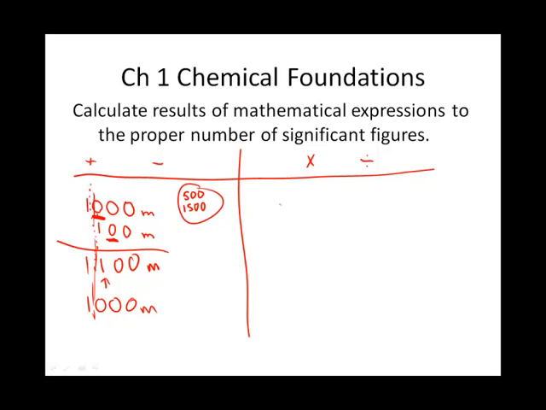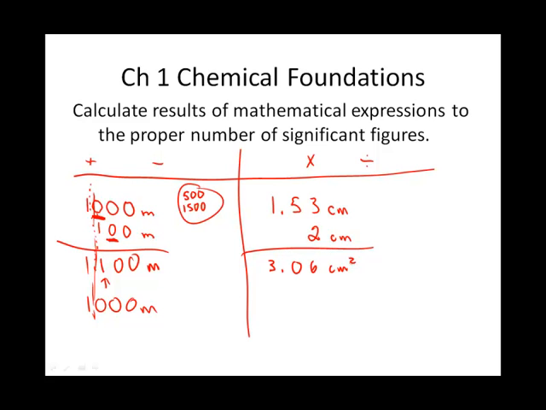Multiplication and division use a slightly different rule. The rule for multiplication and division is if you have 1.53, and let's say that's centimeters, and you multiply that by 2 centimeters, you're going to get 3.06 centimeters squared.